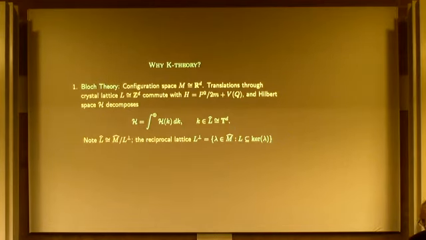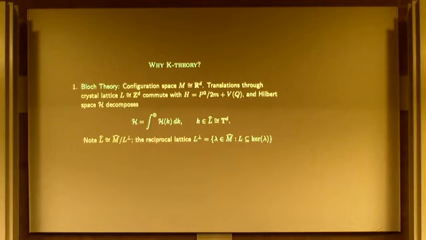So why should K-theory be relevant to this? Well, you can really go back to another 1920s thing, Bloch theory of solid state. You've got a configuration space with some dimension, it doesn't much matter what for these purposes, but it's got a crystalline symmetry.